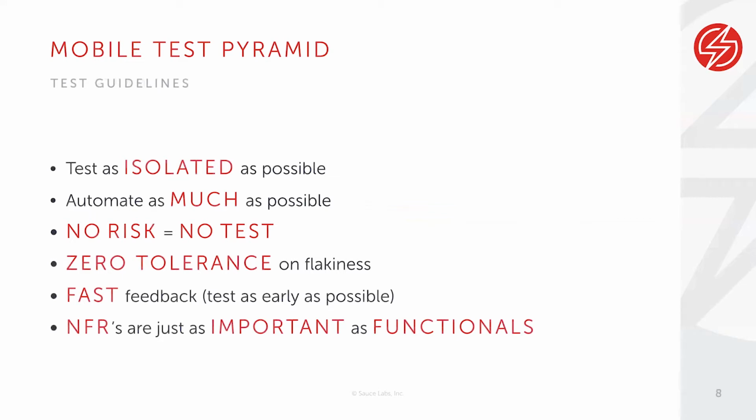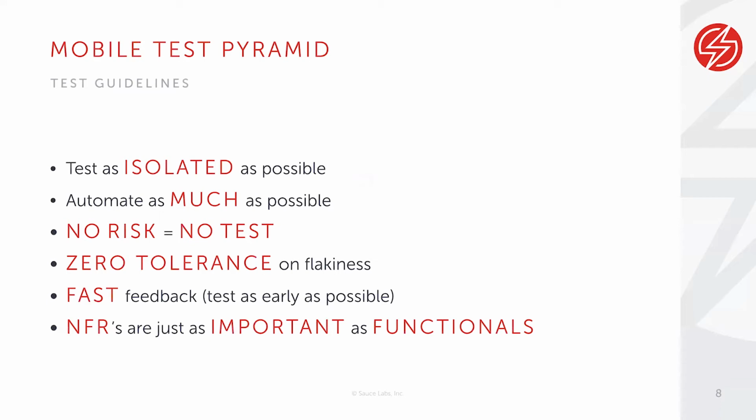This is a contradiction of no risk is no test, but each test should add a value for the customer, for the business, so only automate that would have the most risk or would cost the most money if it breaks. Zero tolerance on flakiness means that if you run the same test 100 times in the same environment with the same test data and same conditions, then you want the same results every time.